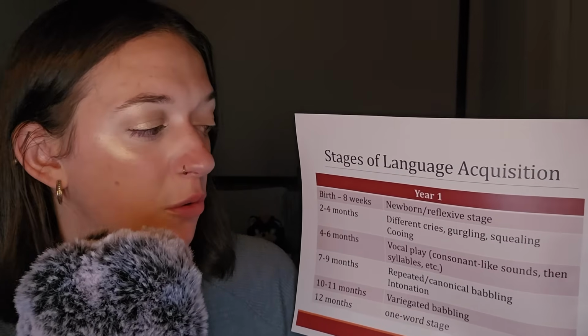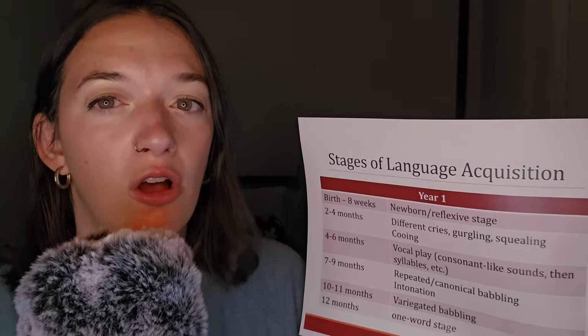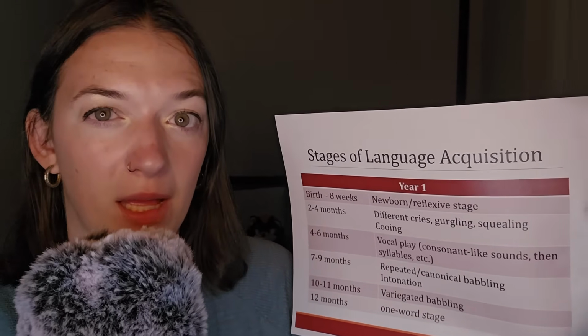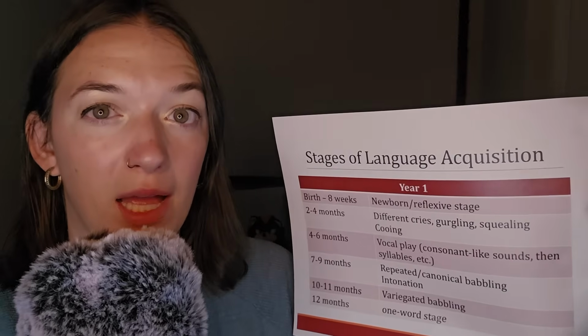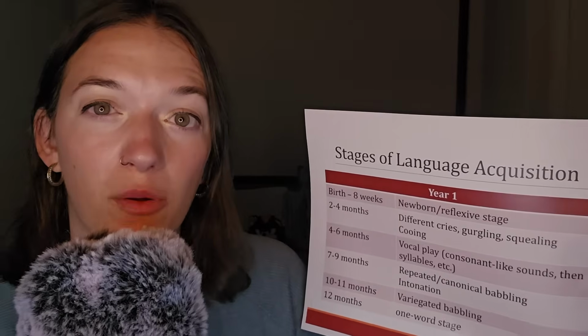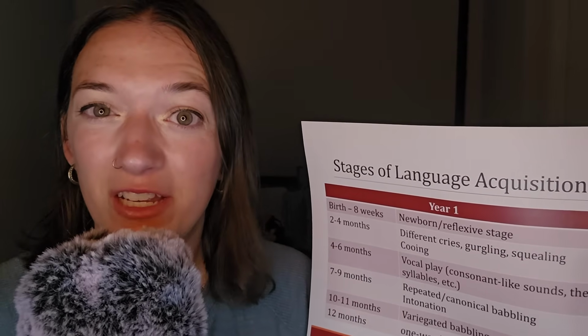So repeated or canonical babbling is just repeating one syllable over and over and over. Ba, ba, ba, ba, ba. Ma, ma, ma, ma, ma. But they start to show intonation that we would expect to see in adult speakers.